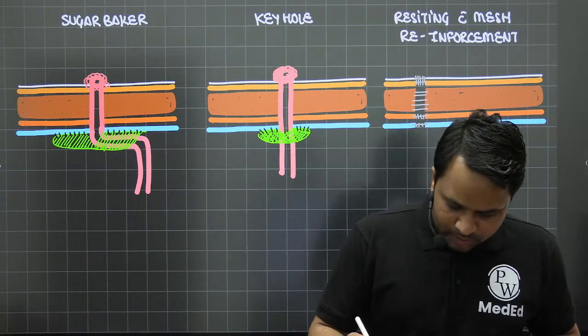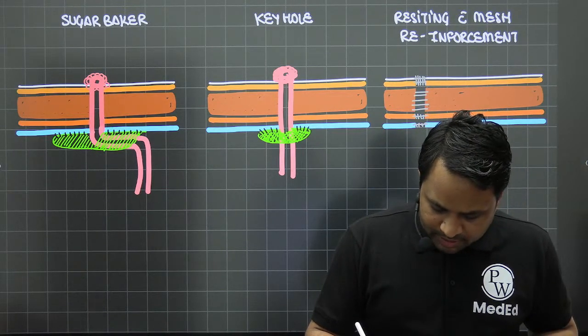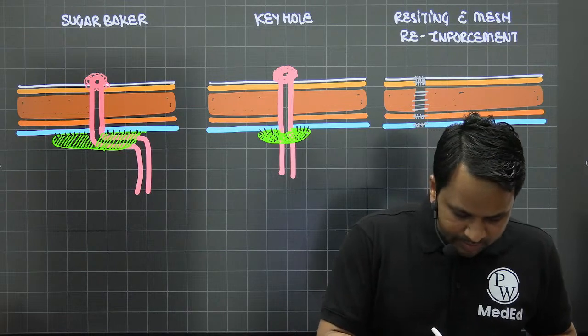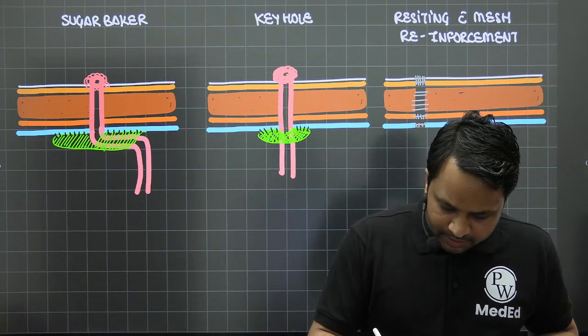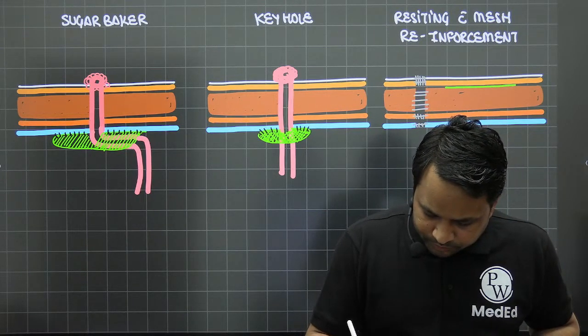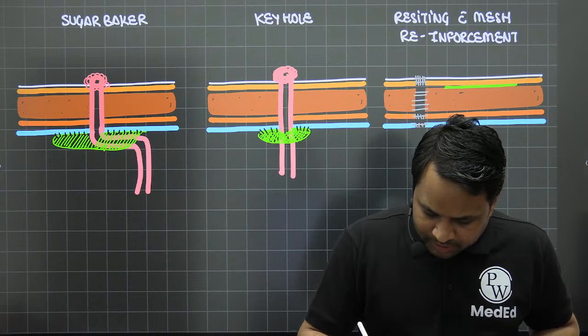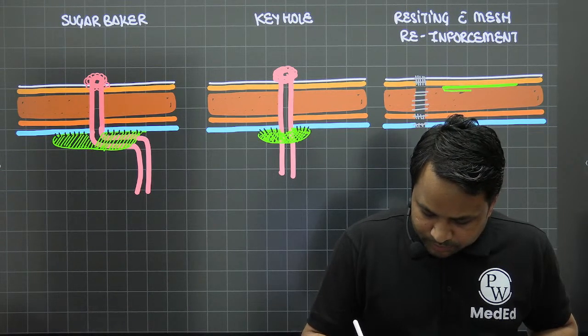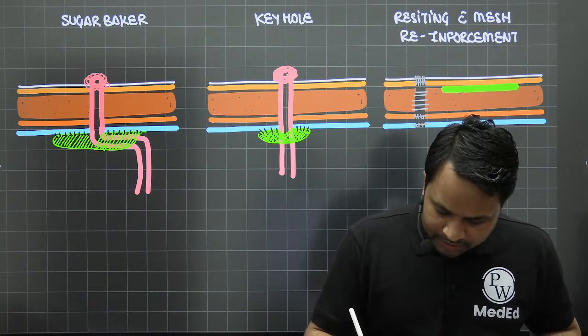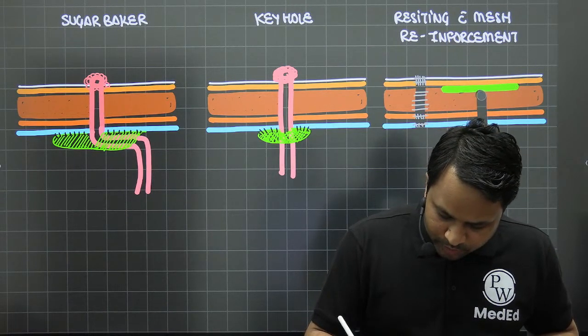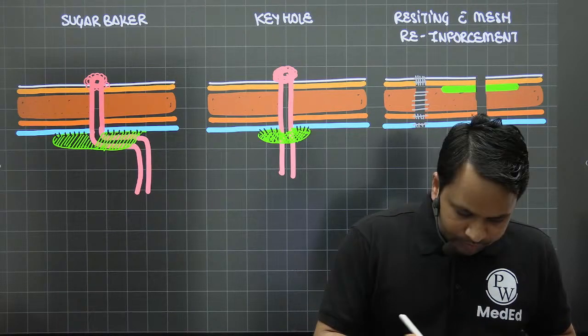So what we do is, we take this subcutaneous layer out and we place the mesh in this area. Above the muscle, I have now placed the mesh. So this is where the mesh is placed. Now I'm creating a new stoma which is going to go through this and open.